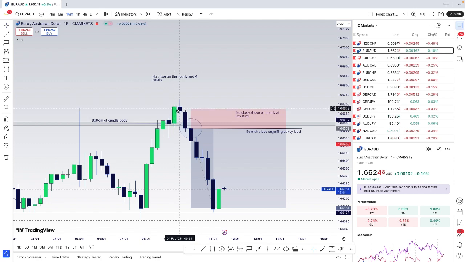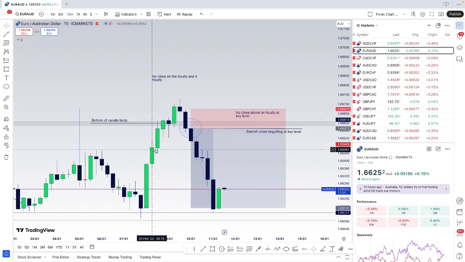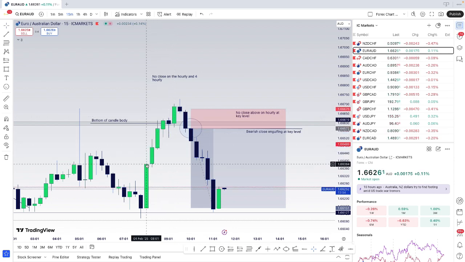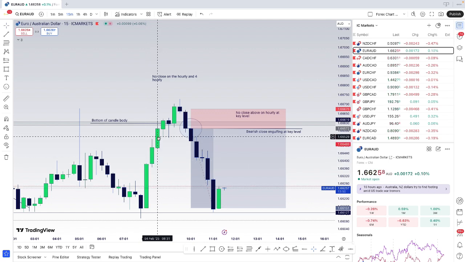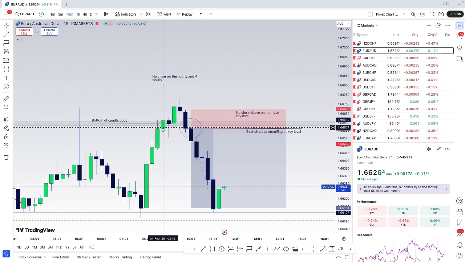Now we then see an indecision candle, and we see that price is no longer on an uptrend because, you know, candle body's closed, it's moved up, candle body's closed, it's moved up, and now around this key level we start seeing some bearish momentum.